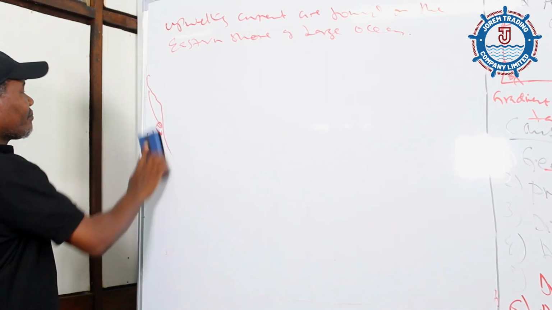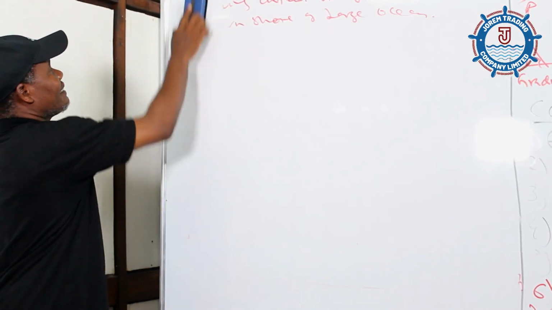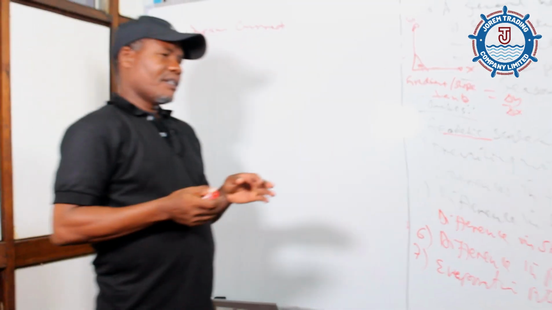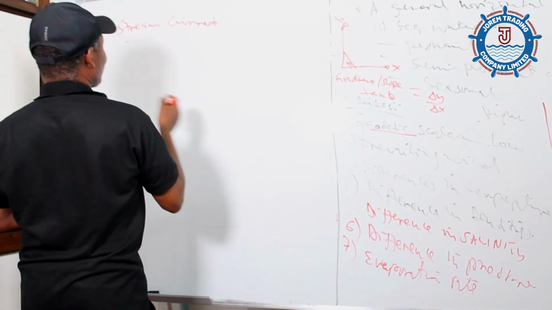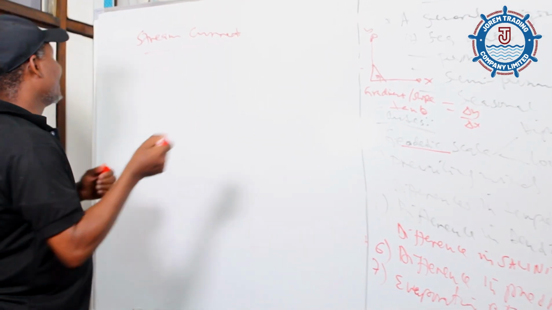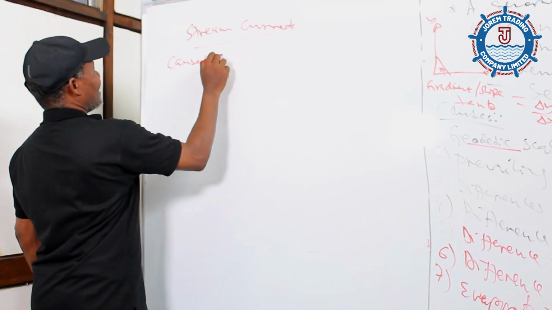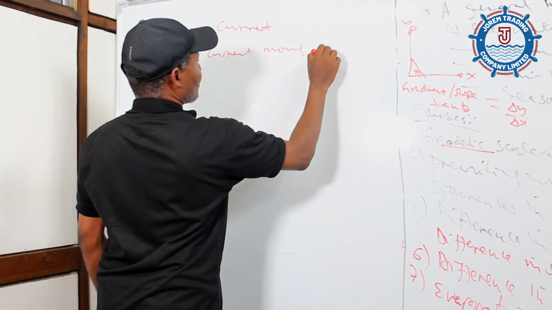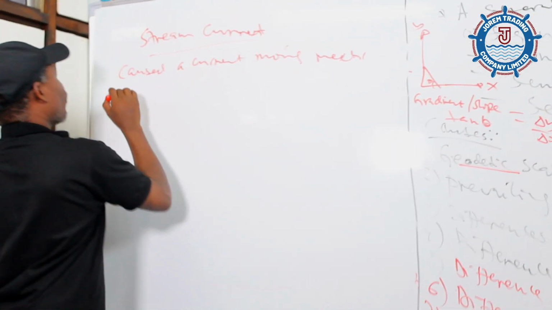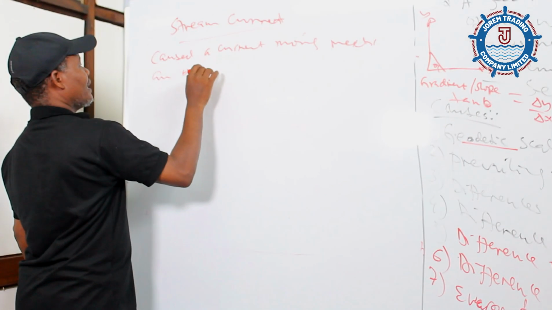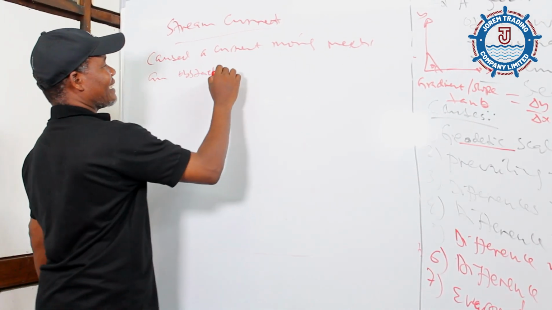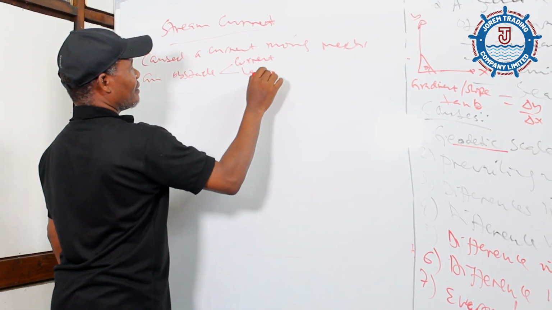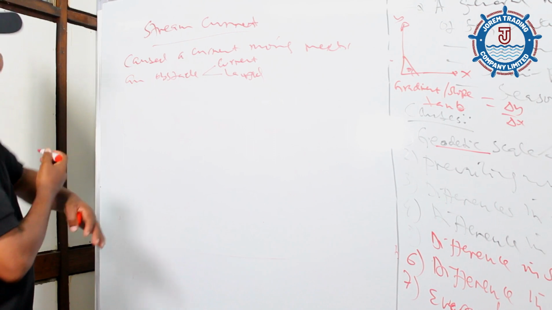So now after discussing this one, we come to the warm and cold currents. When a current moves and meets an obstacle, that obstacle could be another current, could be a counter current, could be a land, anything it meets.